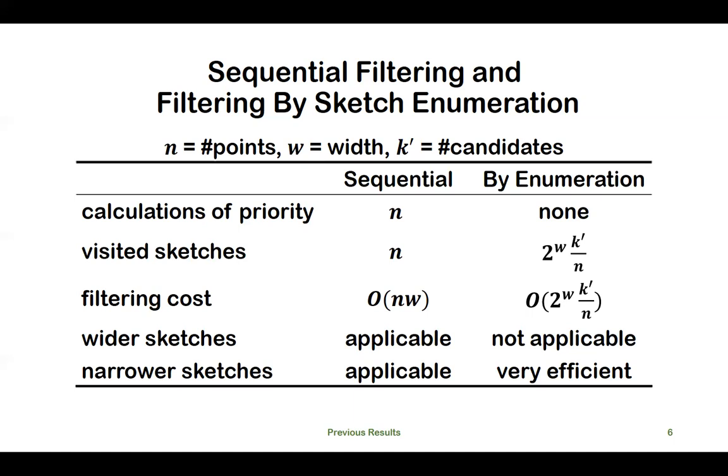In contrast, filtering by sketch enumeration does not require priority calculation. The number of sketches to be enumerated is 2 to the W power multiplied by the ratio of k' to N. This cost is exponential with respect to W, but in reality, this cost is very small as long as W is not very large.